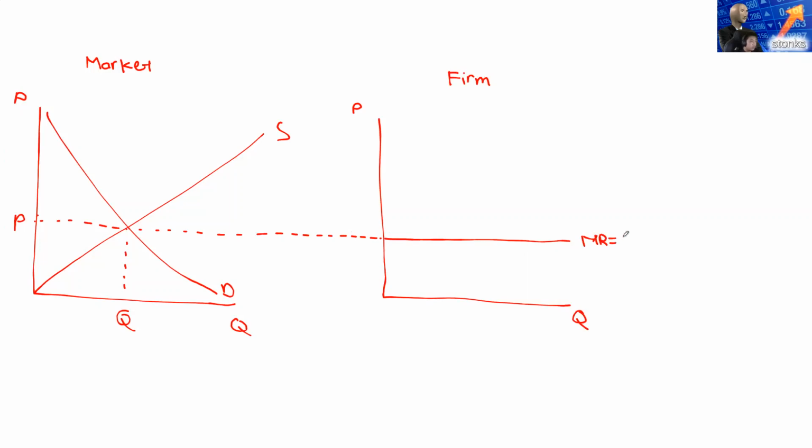MR equals demand equals average revenue equals price. And then we'll draw our marginal cost. And we will draw our average total cost.